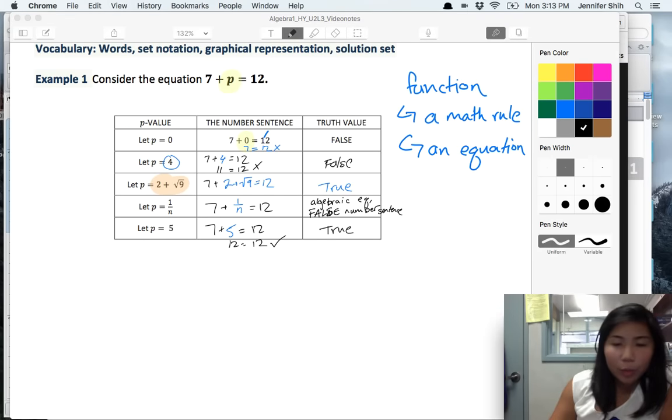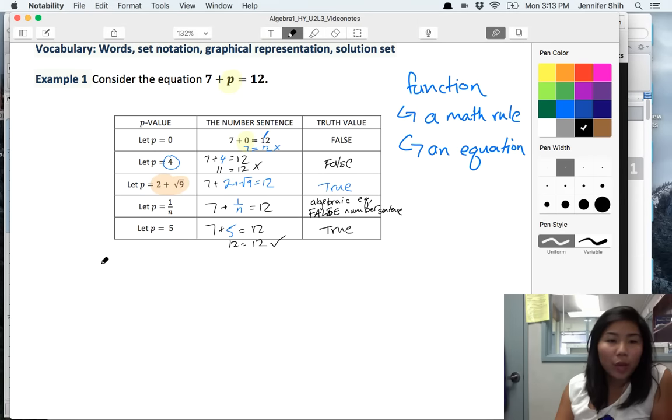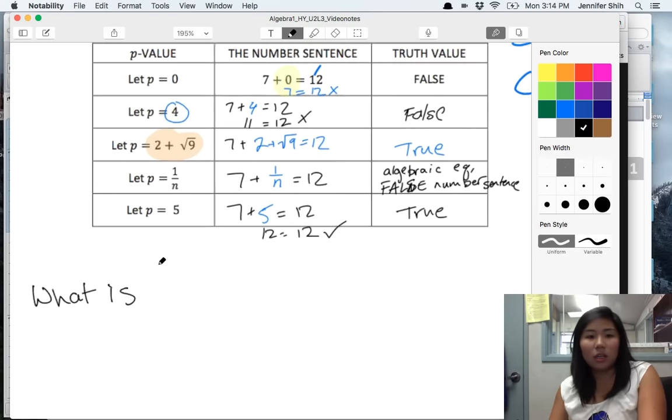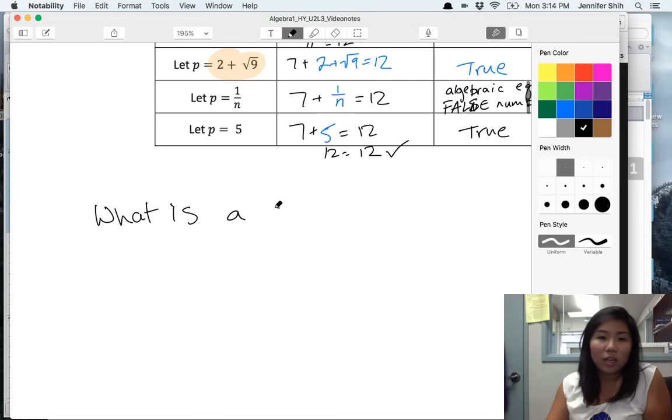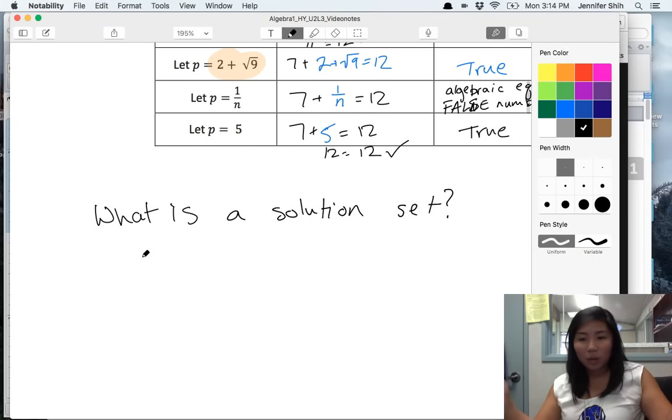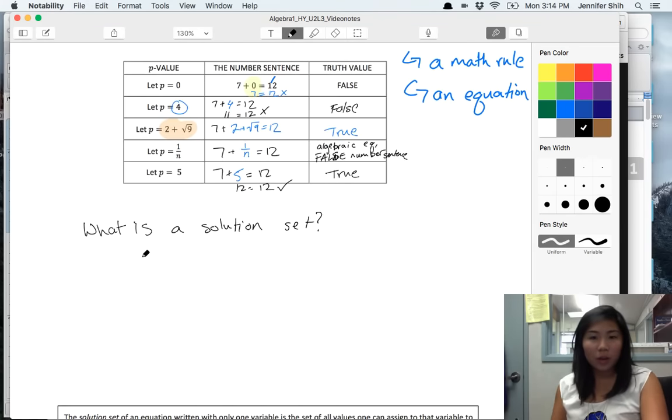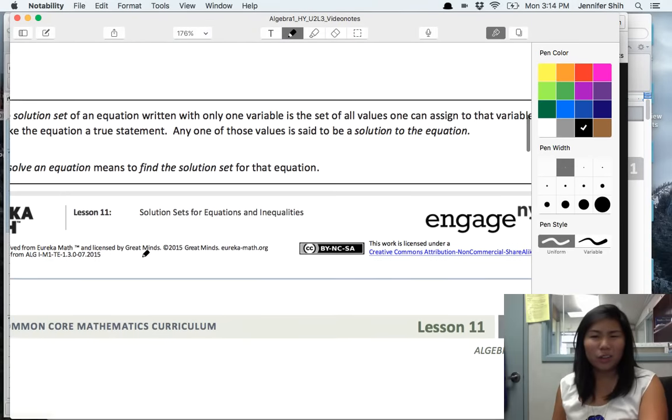Now we are going to do the vocabulary part of this, and we're going to actually name what a solution set is. We are going to answer that. I'm going to zoom out and you can copy it right off the board or I guess your screen.